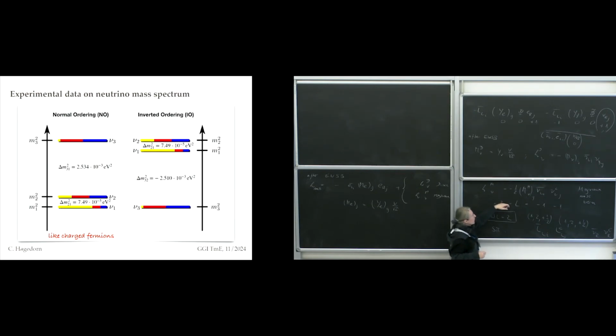For the Majorana case, you have only one type of matrix at your disposal, and the mass matrix has to be symmetric, which you can check with the Lorentz properties.